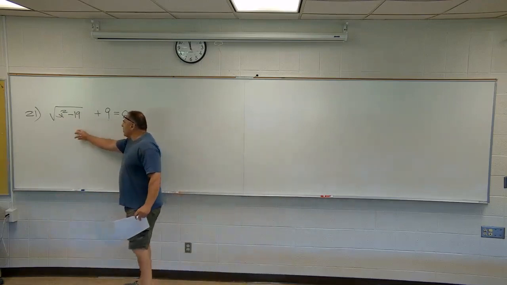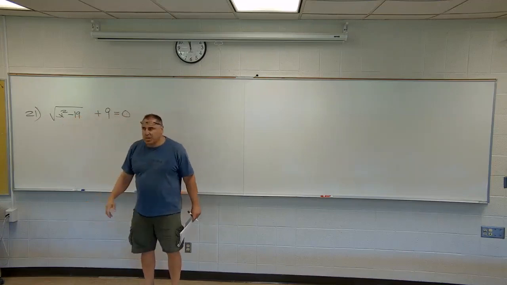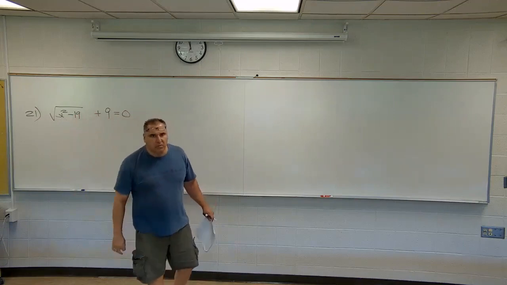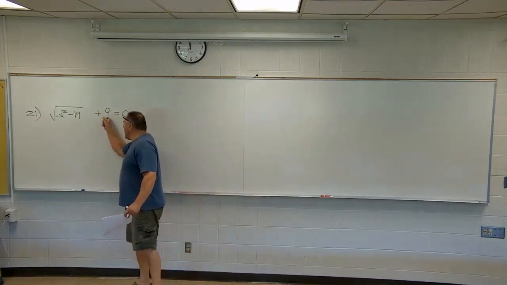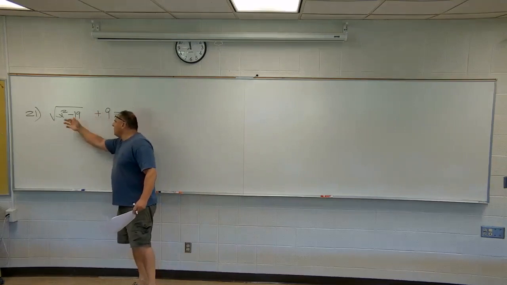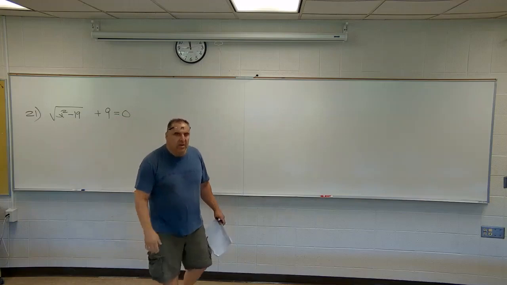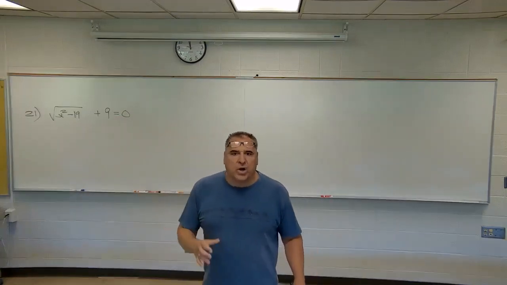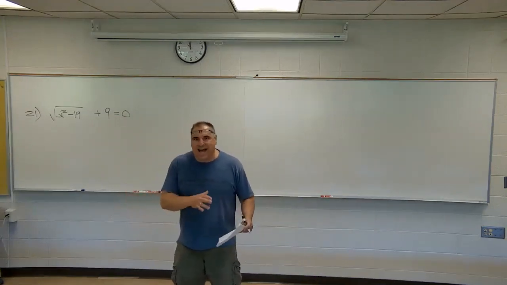If you're writing this right here, 9 plus something would have to equal 0. 9 plus what number equals 0? That's an important point. Let's try it again. 9 plus something equals 0. 9 plus negative 9 equals 0. The problem is, all square roots are greater than or equal to 0. The square root of 81 is not negative 9.